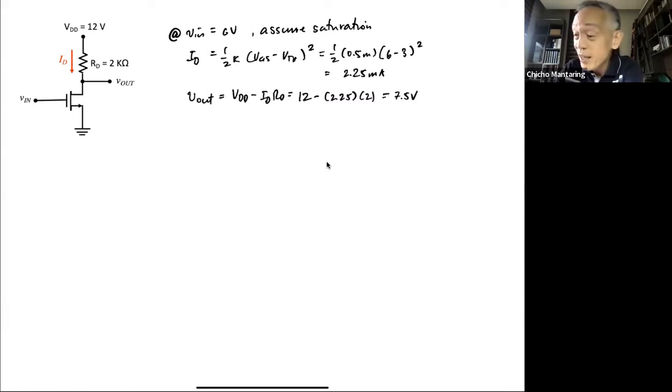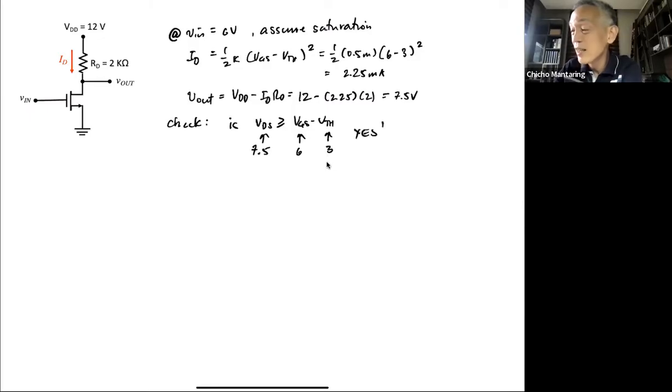Now you have to check: is VDS greater than or equal to VGS minus VTH? Our VDS is 7.5, VGS is 6, VTH is 3, so the answer is yes. Therefore, the values are correct.